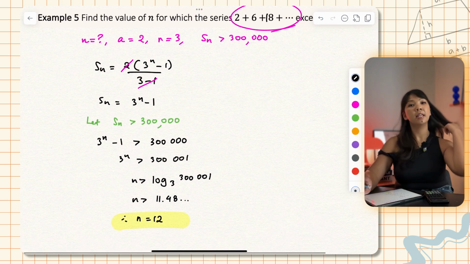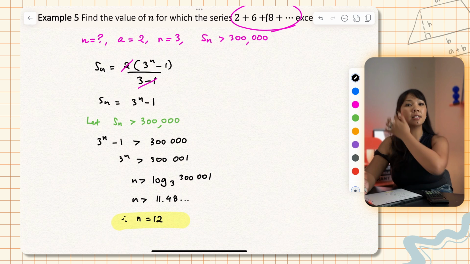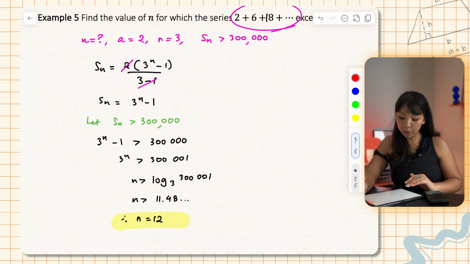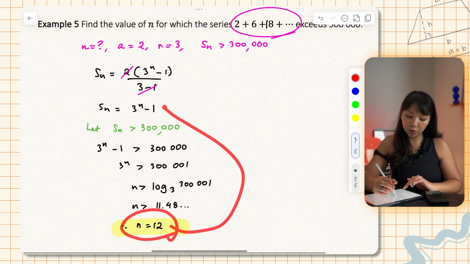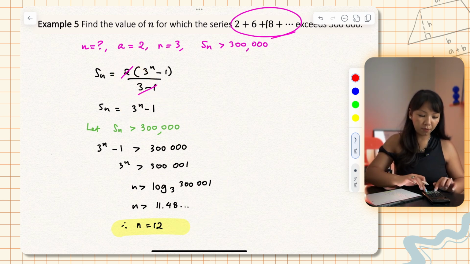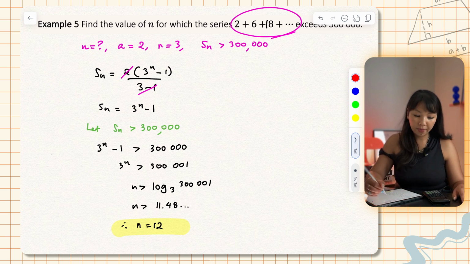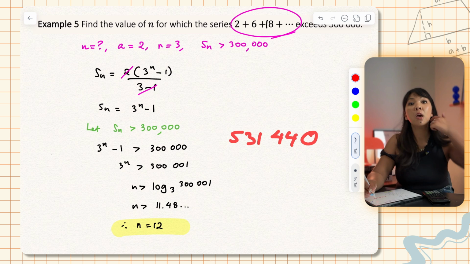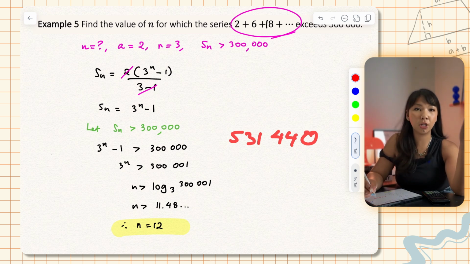Okay. Now, it's always a really good idea to test if this is true. So if we substitute N is equal to 12 into our Sn formula from before, now it already simplified, so let's just put it in this more simple form. 3 to the power of 12, if I minus 1, that is going to give me 531,440, which does indeed exceed 300,000.